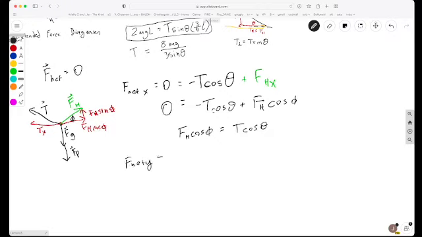Okay, now let's do F net y. That's also equal to 0. In the y direction, we have both the force of gravity and the force of the person, and those are just in the y direction, so we don't need to do any trig. Then we also have the y component of the hinge force and the y component of the tension.